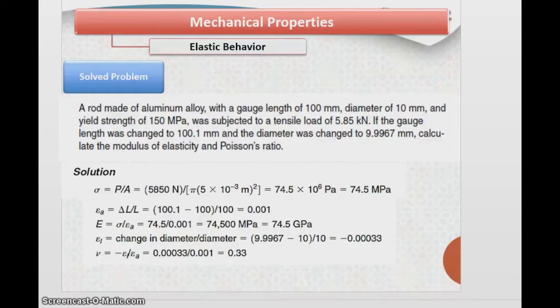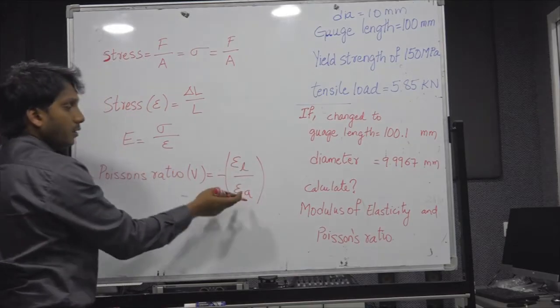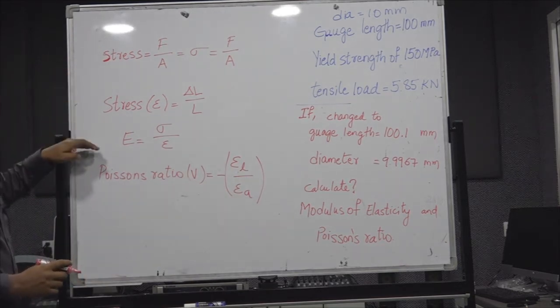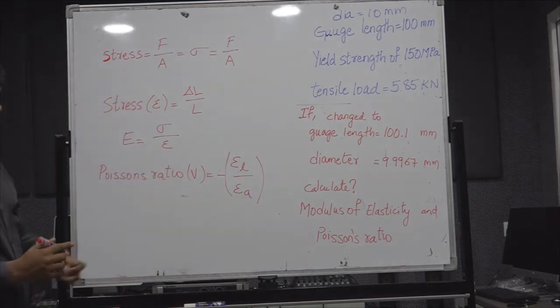Poisson's ratio is denoted by V. V is equal to minus epsilon L by epsilon A, that is lateral strain over axial strain. So these are the four formulas which we are going to use in this problem.